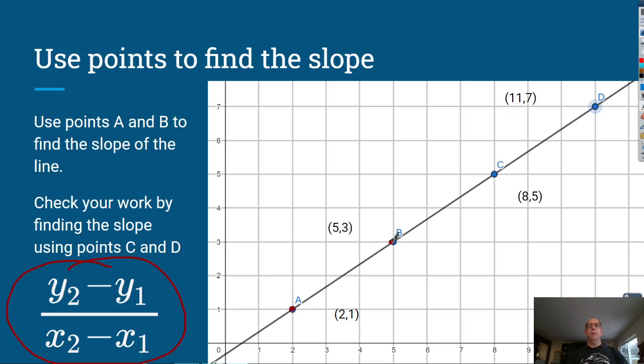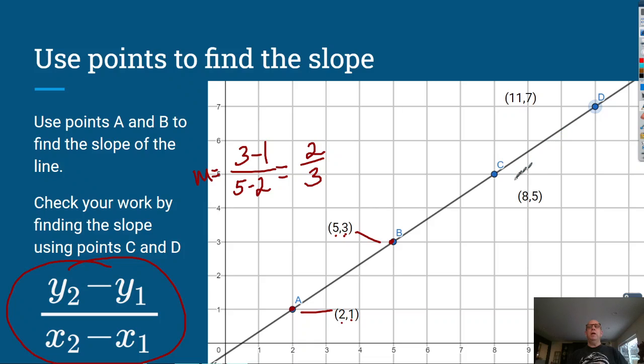So I'm going to pick AB, and I'm going to say A is 2, 1, and B is 5, 3. So I'm just going to start with Y2 minus Y1, so 3 minus 1, and X2 minus X1 is 5 minus 2. So the slope from A to B is 2 over 3.